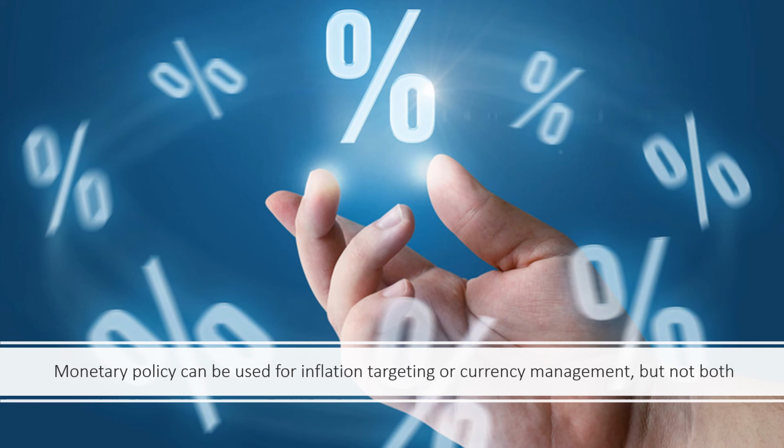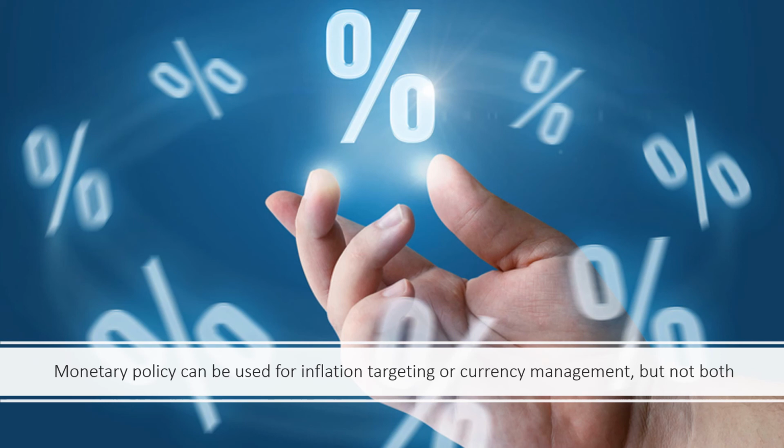Another problem of running a managed exchange rate is that if you're using monetary policy for currency management purposes, you can't use it for inflation targeting at the same time. You can either do one thing with monetary policy or another. So, for example, let's imagine that you wanted to use monetary policy to run a managed exchange rate that was designed to lower the value of your exchange rate.